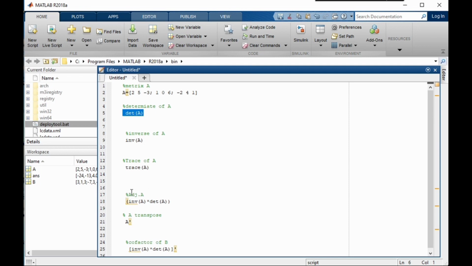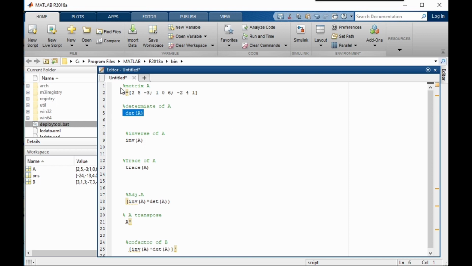So we entered the inverse times the determinant, all in brackets, and then raised to the power of the transpose. Okay, let's put everything into the command window.